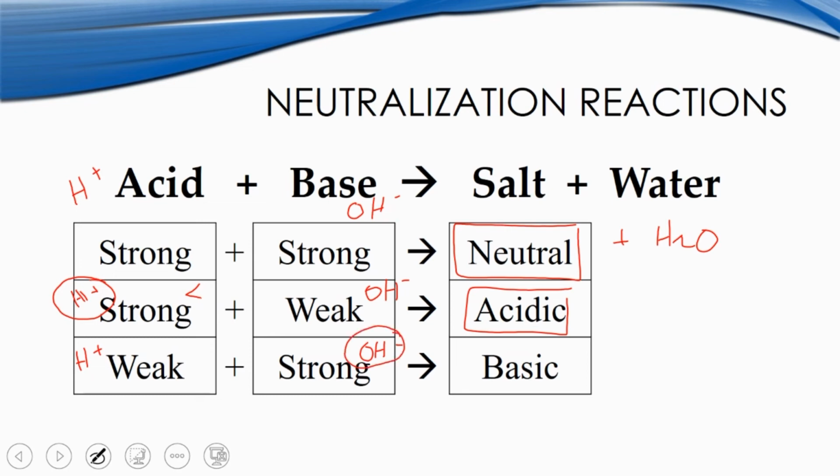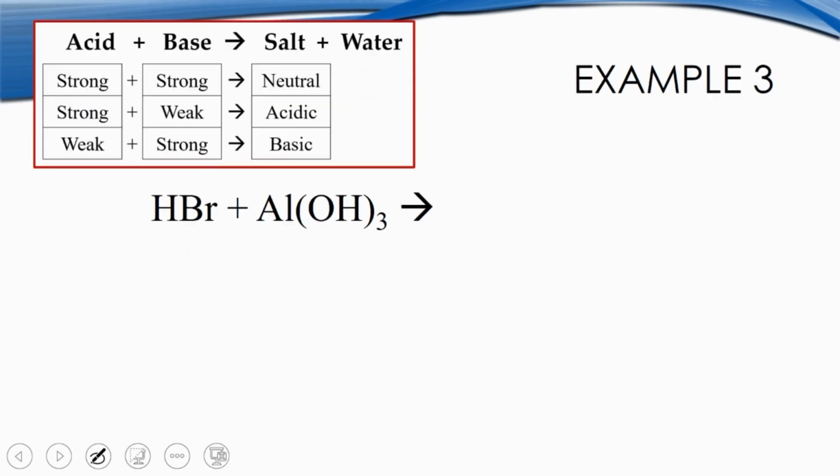I actually did the wrong sign there. In this scenario we have more hydroxide, and therefore our overall salt is going to be basic. And of course, I didn't make a chart here, but every single time we're going to have H2O, which is neutral. So let's look at an example just to put this into practice.